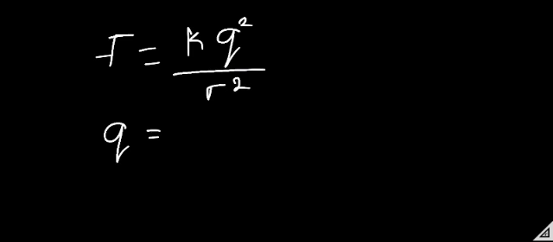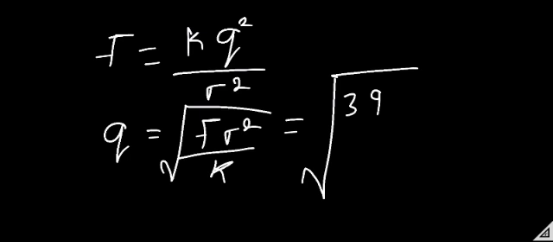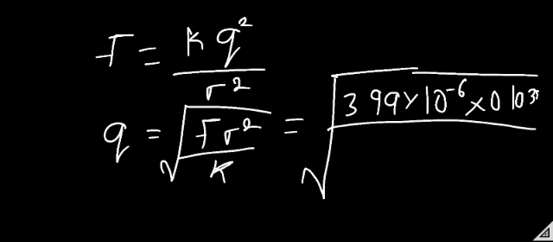So we make Q the subject of the formula just as we did just now: Q becomes the square root of F r squared over K. F, as we have calculated, is 3.99 times 10 raised to power minus 6, r is 0.1035, and K, the constant of proportionality, is 9 times 10 raised to power 9.